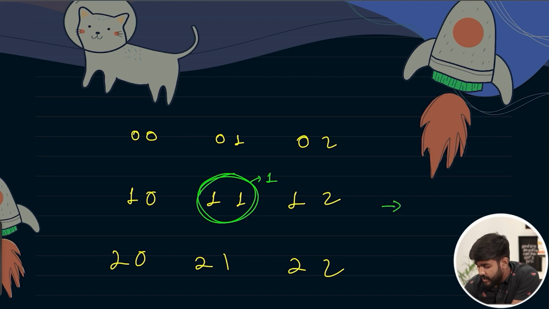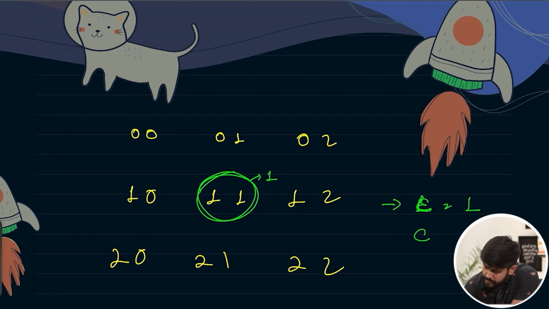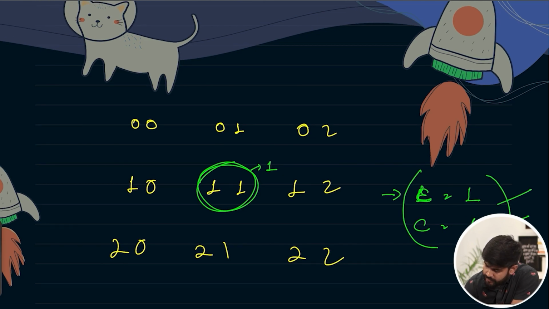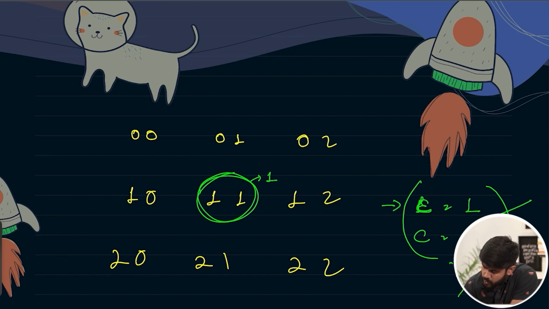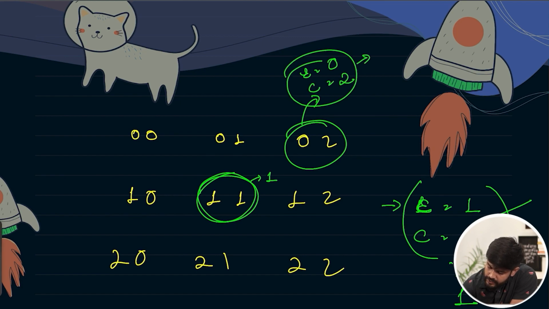Then you need to make all the values of row 1 as well as column 1 equal to 1. Every value of row 1 and column 1, you need to make it as 1 itself. In the same manner, if this given value is 1, then all the values on row 0 and all the values on column 2 would be made 1 itself.